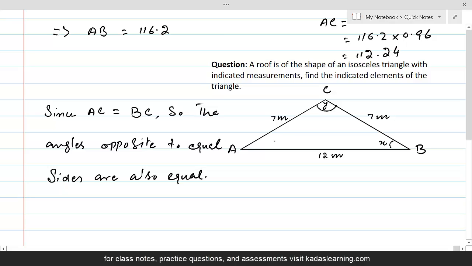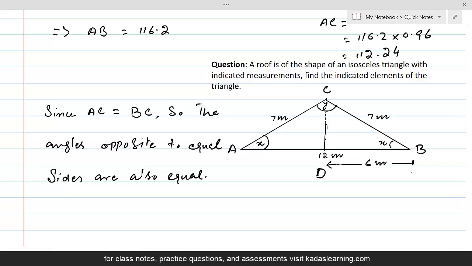If these angles are equal, then this angle is x as well. And if we draw a perpendicular from C, it is going to meet AB at point D, which is exactly in the middle of AB. So this means that this distance would be 6 meters on this side, and it would be 6 meters on the other side.